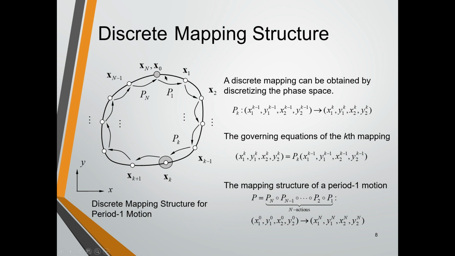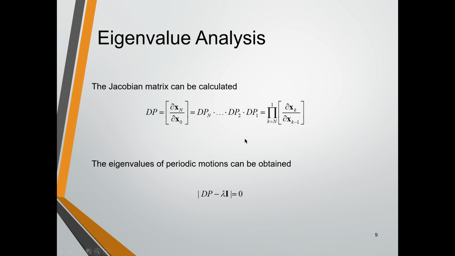The special point here is that the initial point x0 is going to equal the last point xn, so that the periodic condition holds. And then following the methodology we described previously, we can calculate the total Jacobian matrix based on the Jacobian matrix of each of the mappings, and then evaluate the eigenvalues.